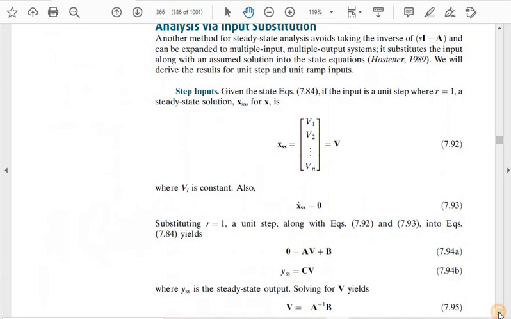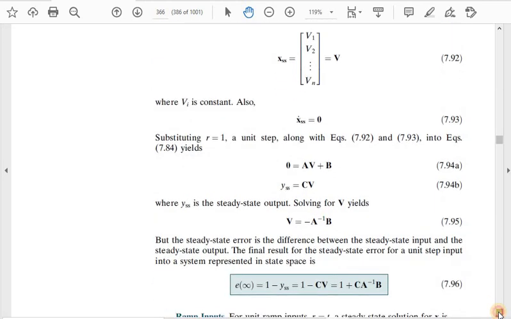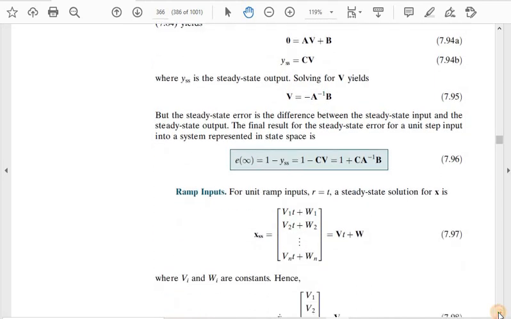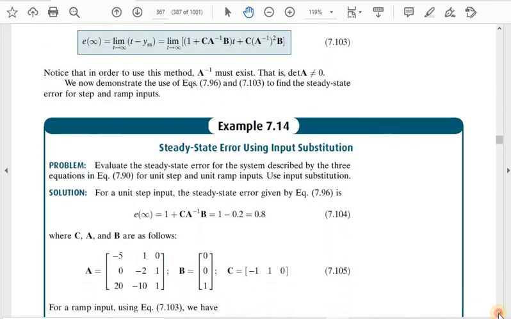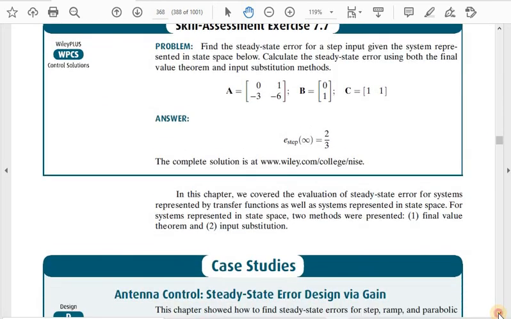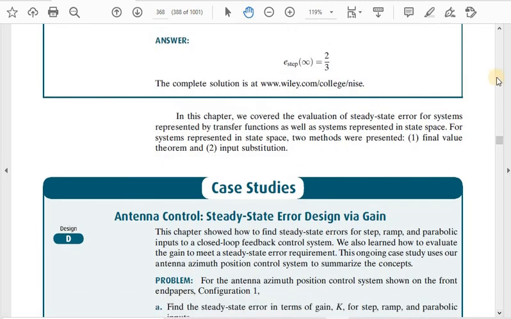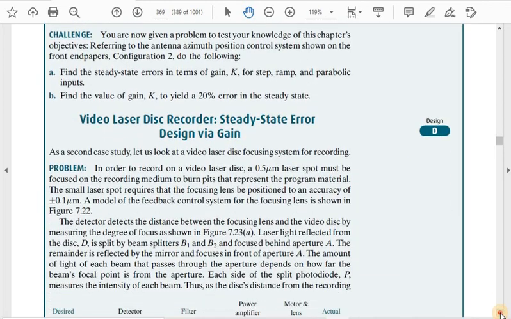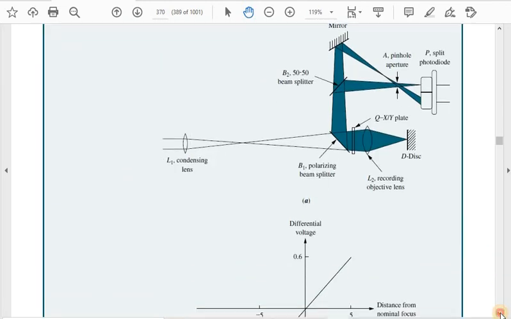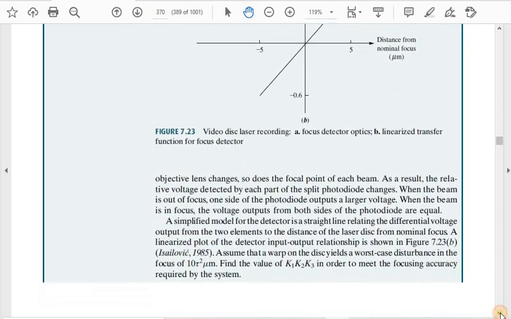I'm not going into much detail on how to do that. This is enough for you to know how to solve for state space using the steady state error. So we will stop here, and actually after this there's a design example that we are not going to do right now.